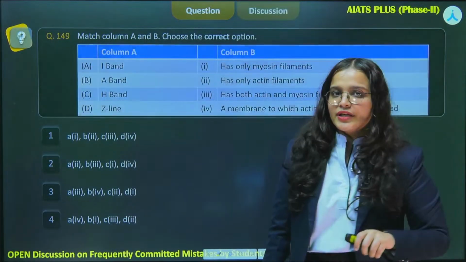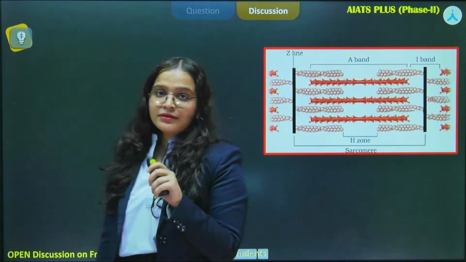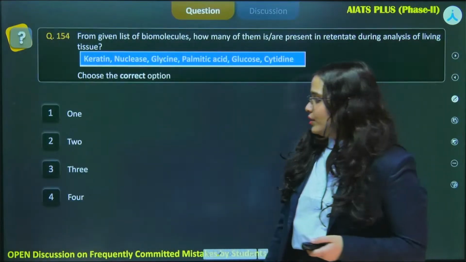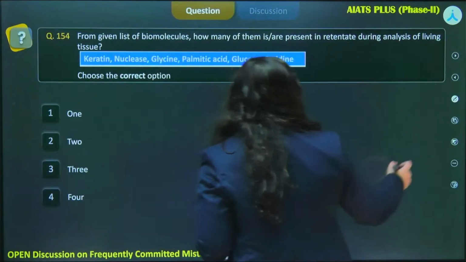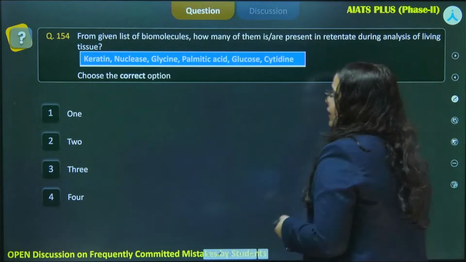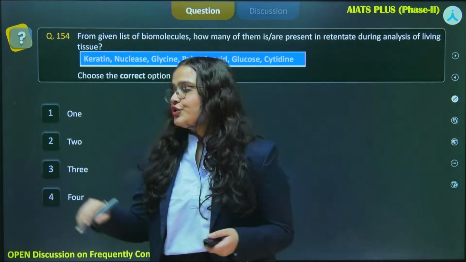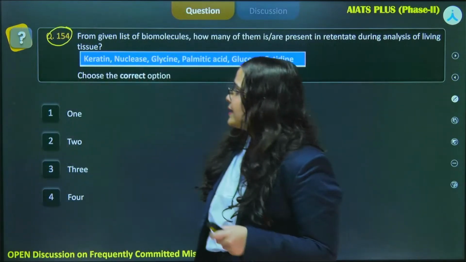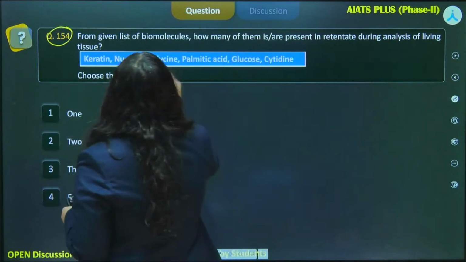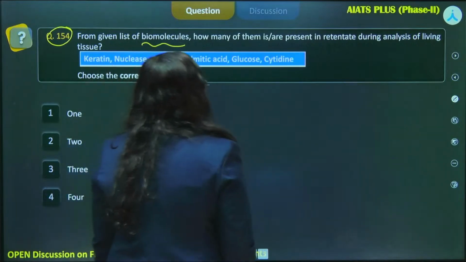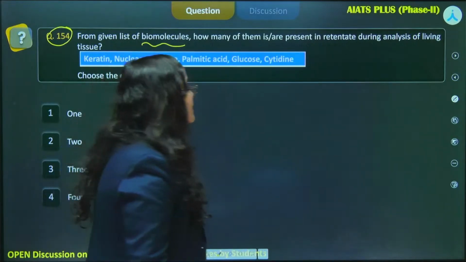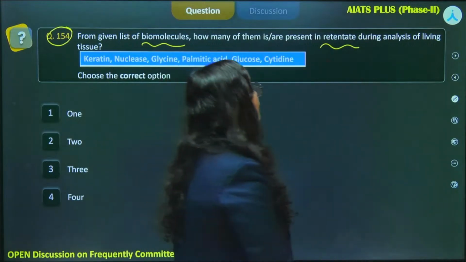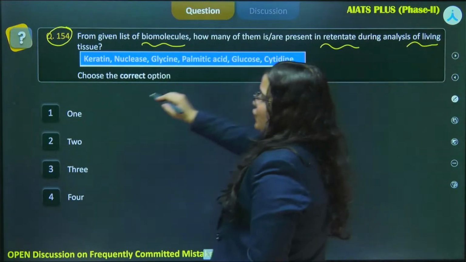Let me know in the comment section whether actin is known as a regulatory protein or a contractile protein. So now we move on to our next question, which is question 154. And it states, from the given list of biomolecules, how many of them are present in the retentate during analysis of living tissue?